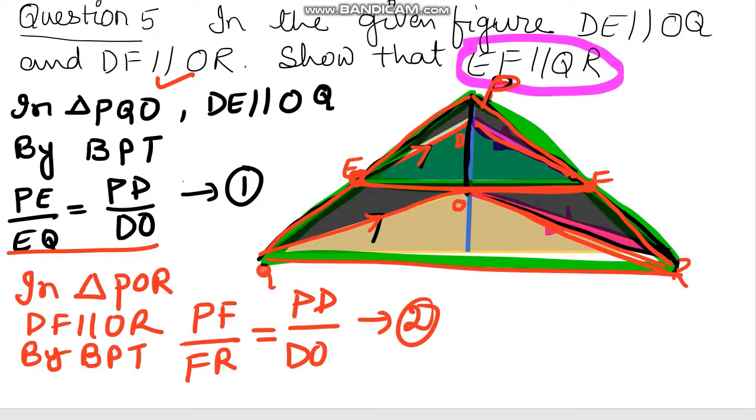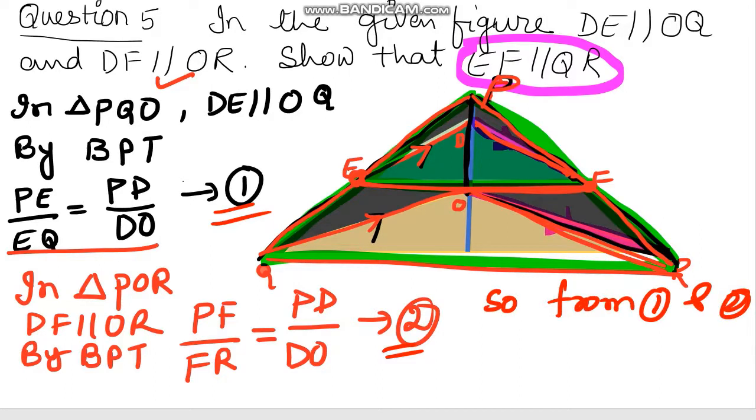So children, from 1 and 2, look here, PE by EQ equal to PD by DO, and here PF by FR equal to PD by DO. So from 1 and 2, we have PE by EQ equal to PF by FR.